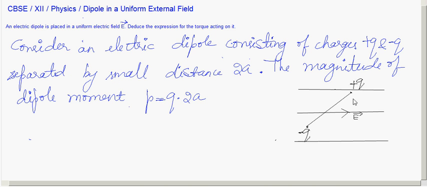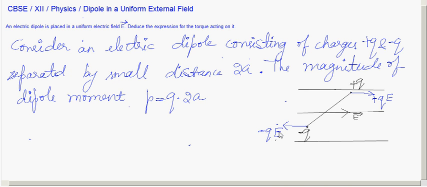The force acting on plus q is q into E, acting along the direction of E. There is also a force acting on the charge minus q, equal to minus q into E, and its direction is opposite to that of the electric field.